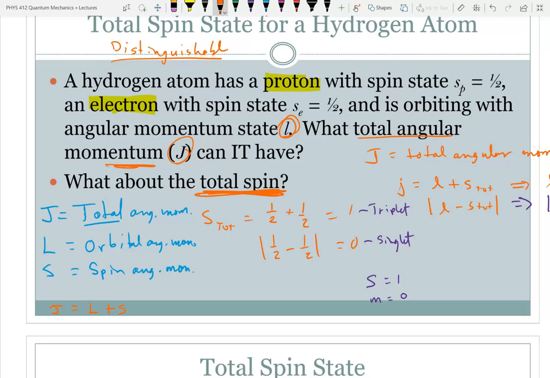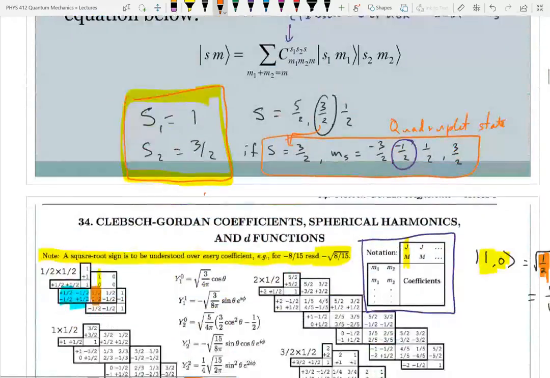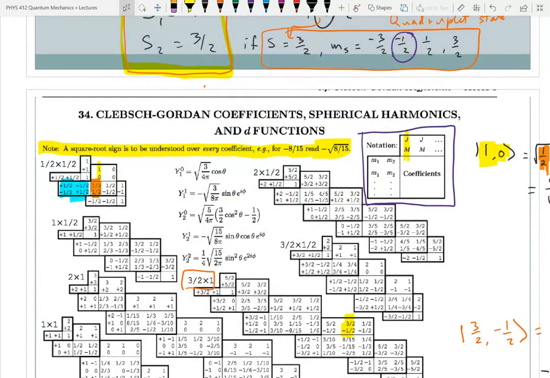L or S or J. It depends on your problem, on what specifically you're doing. So J is total angular momentum. It could be the total orbital if you only are working with orbital. It could be the total spin if you're only working with spin. But it's the total. And then the M is the magnetic, so it's the orientation. The capital M is the orientation for the total, and the lowercase m's are the individual.